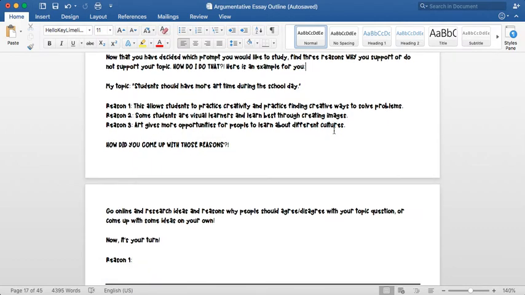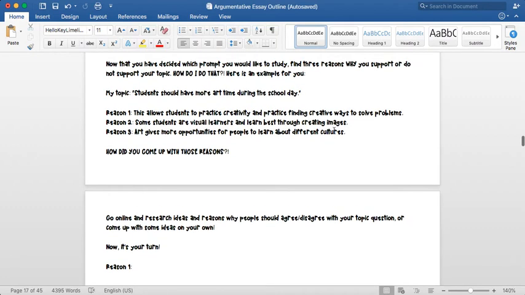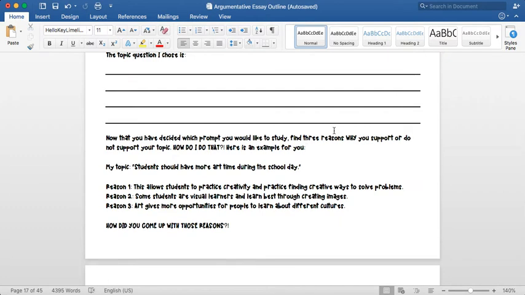So how did I come up with those reasons? Well, the first thing you can draw from is your own brain. Why do you think that people should agree with you? What are your 3 reasons to back yourself up? Or you can look it up online. Why are people supporting climate change? Why are people supporting gun control?